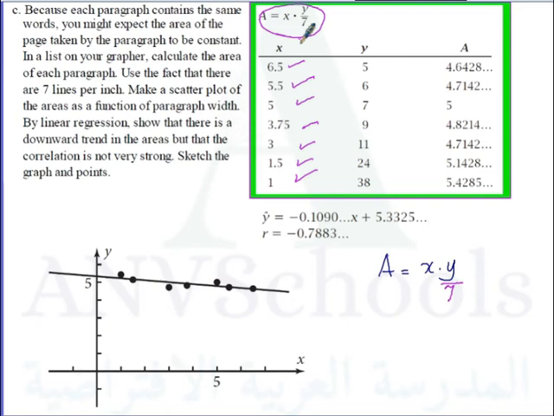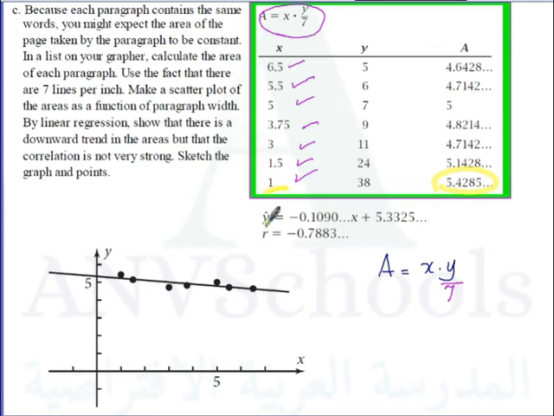And finally, when the width is reduced to 1, the number of lines is 38 and the area is 5.4285. Right? Now we could use a linear regression for this.